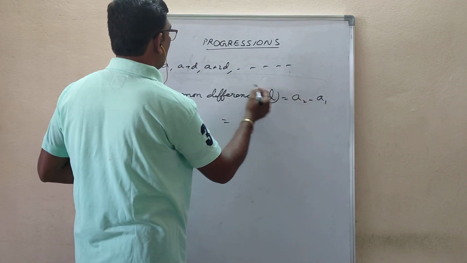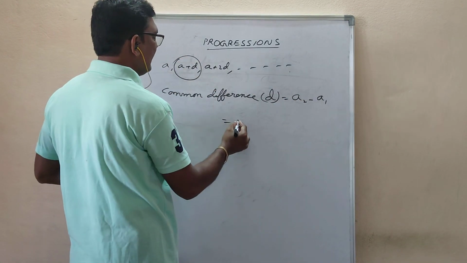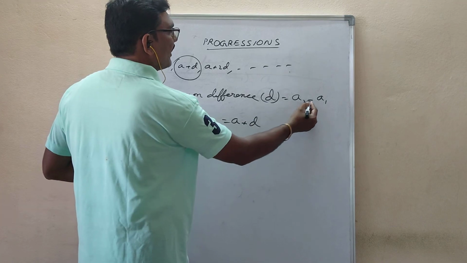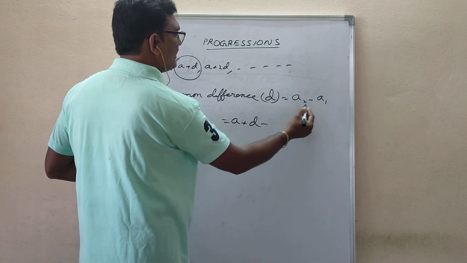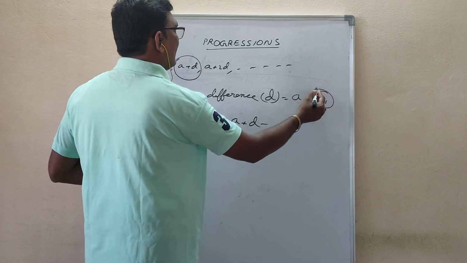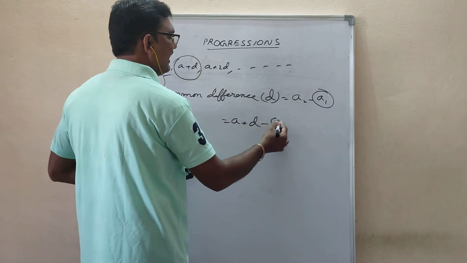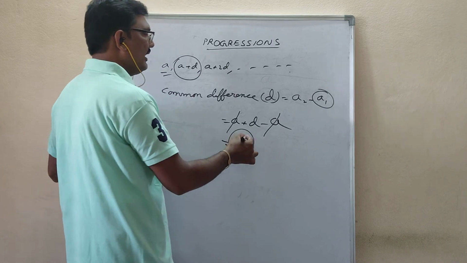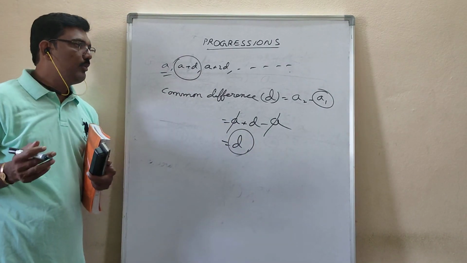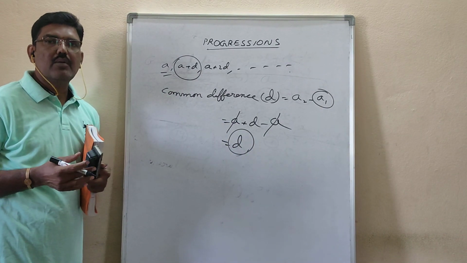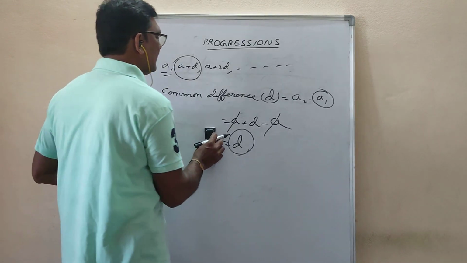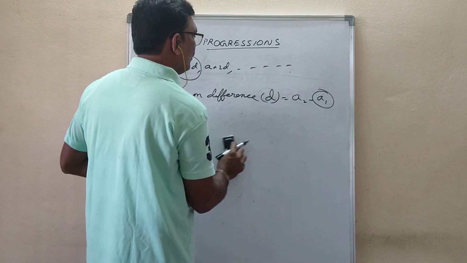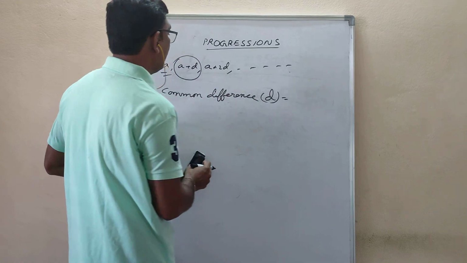In place of a2 you have a plus d, minus a1, the first term, which is a. Minus a plus a cancelled. What do you have here? d. So a2 minus a1, how much did you get? The common difference d.